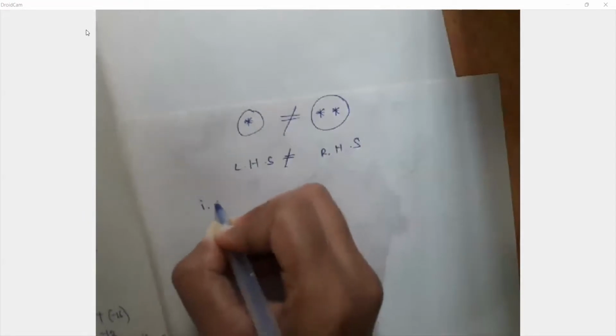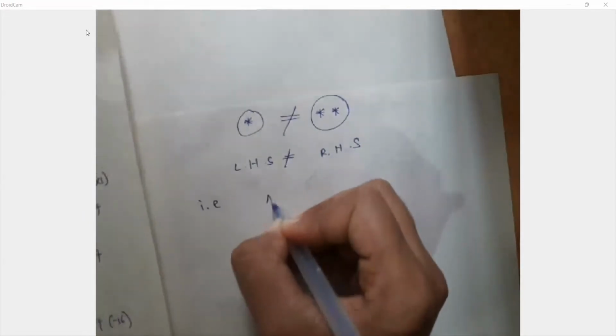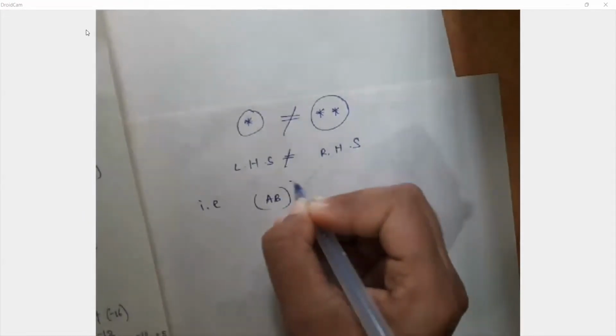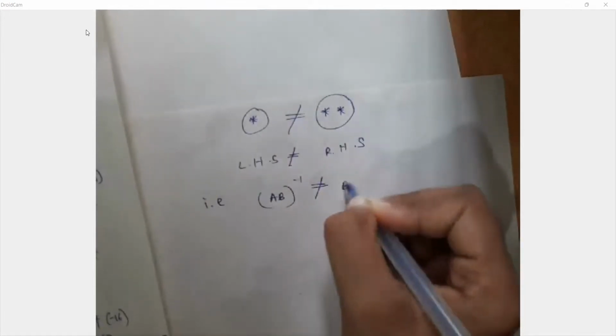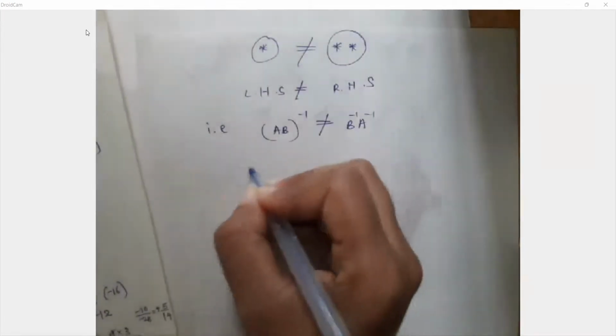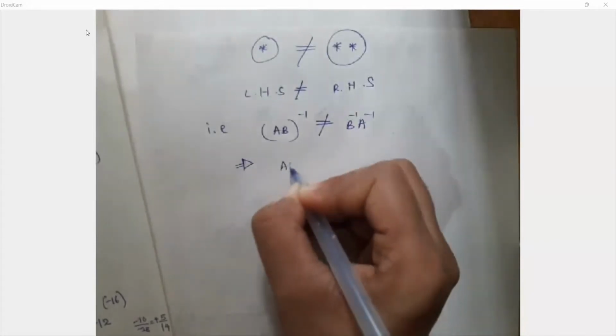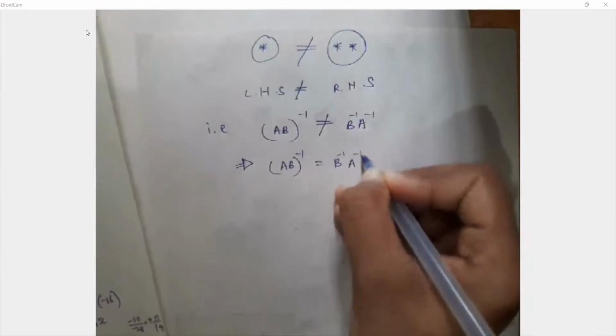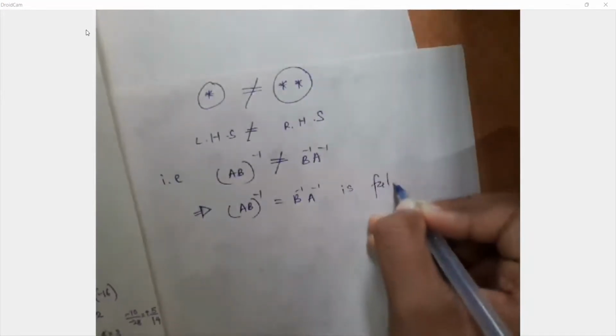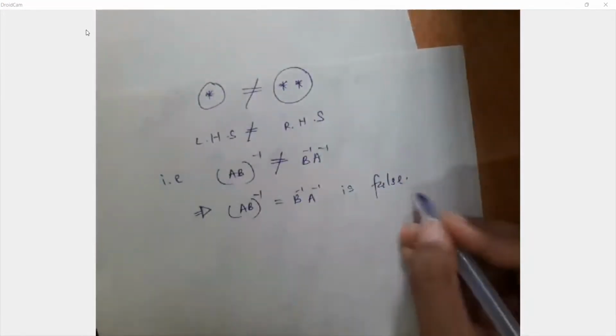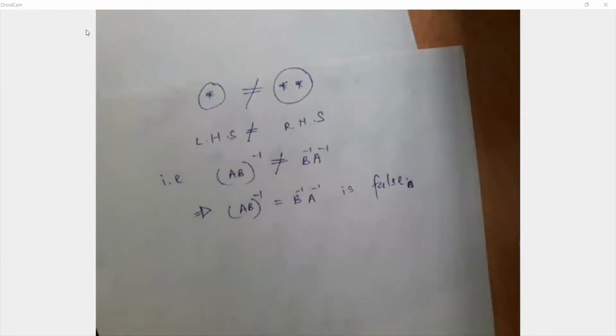Our left hand side is AB inverse, which does not equal B inverse A inverse. That means the statement AB inverse equals B inverse A inverse is false. This is the end of that part.